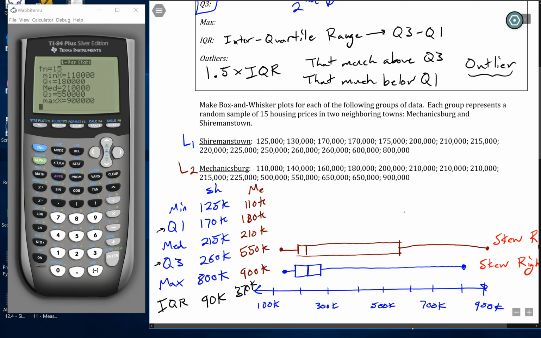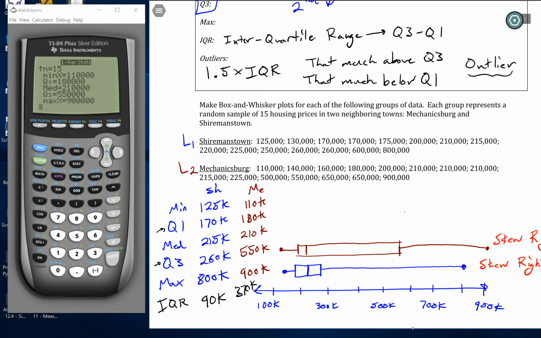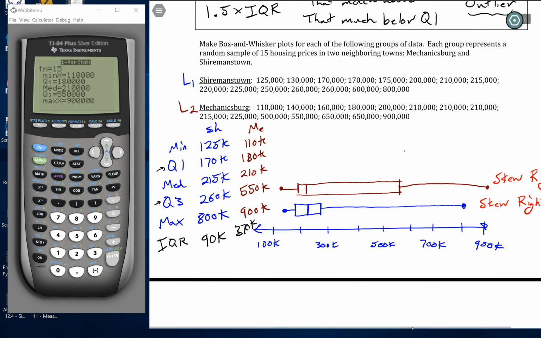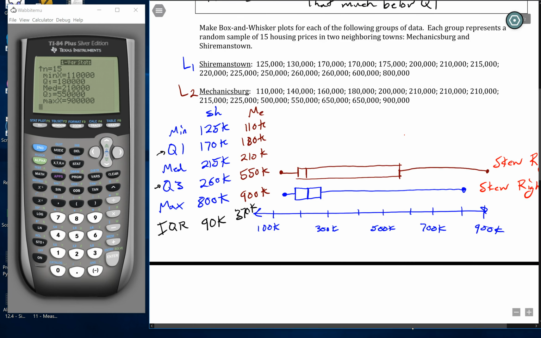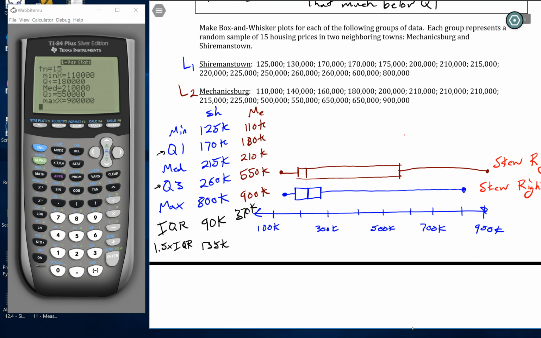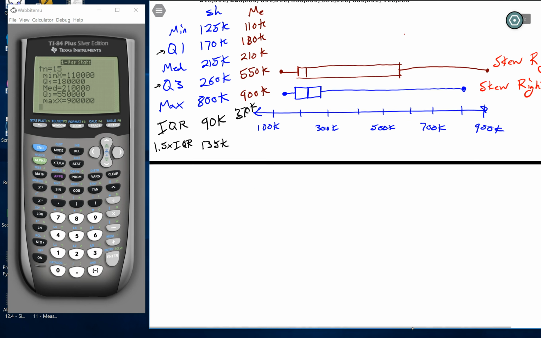So let's take a look at the Shiremanstown data. First of all, I know that the IQR is 90K. 1.5 times the IQR is going to be 135K. I can do that in my head. So what I'm going to do is I'm going to look at Q1 and Q3.